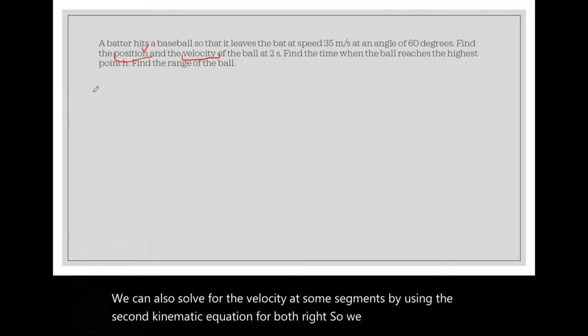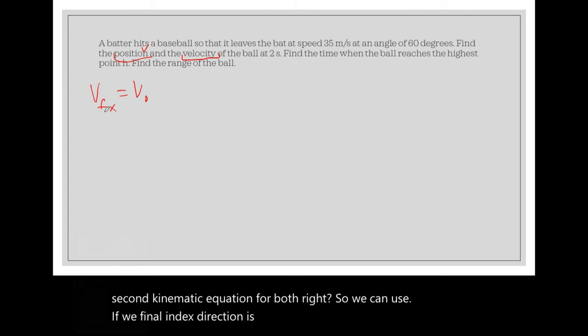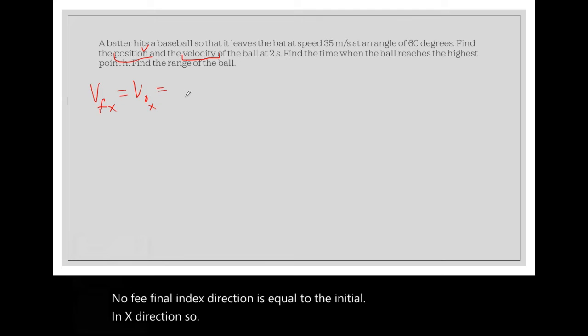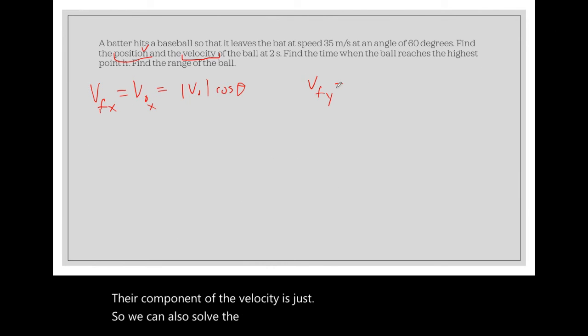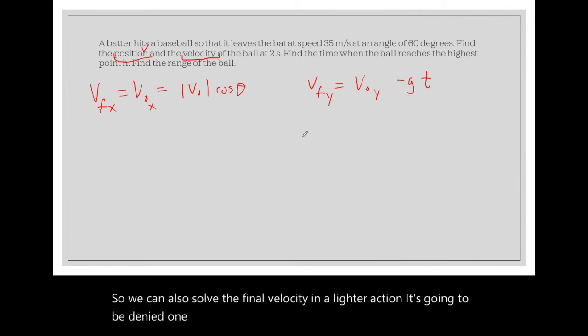We know v final in the x direction is equal to v initial in the x direction. So that component of the velocity is just that. And so we can also solve for the final velocity in the y direction. It's going to be v naught y minus gt.